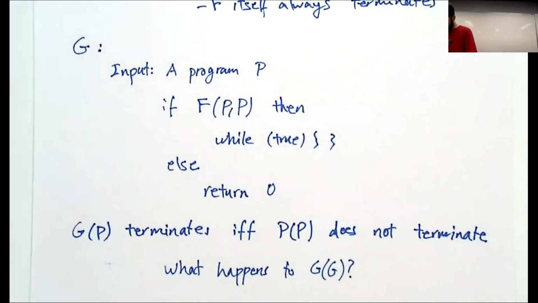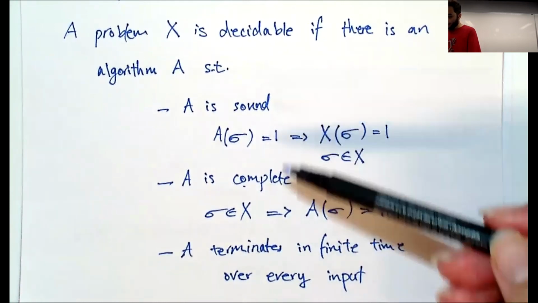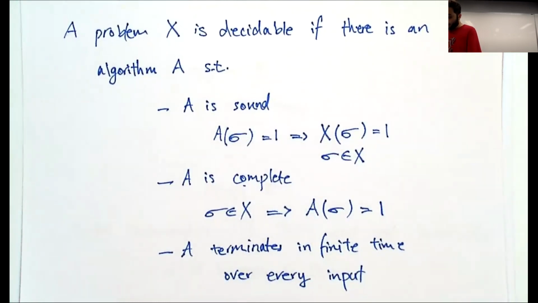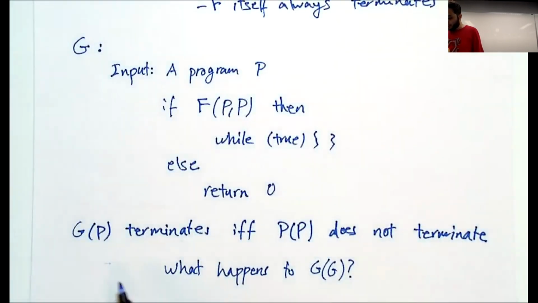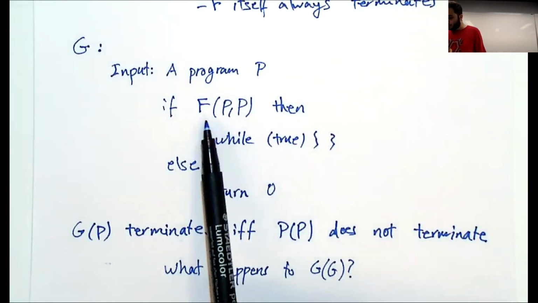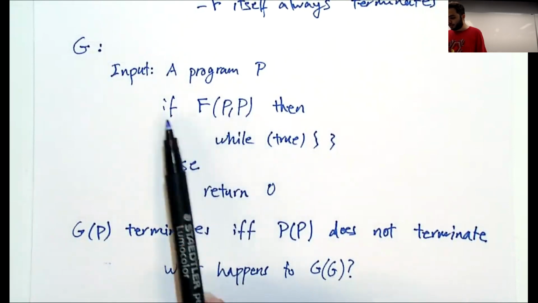But let's go back for a second and see where we used each one of these three properties. When did I use soundness and completeness? I used it when I said this: I was assuming that F is sound and complete and counting on its answer here.